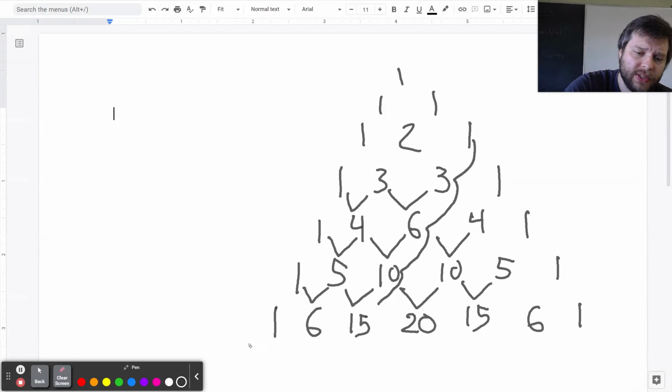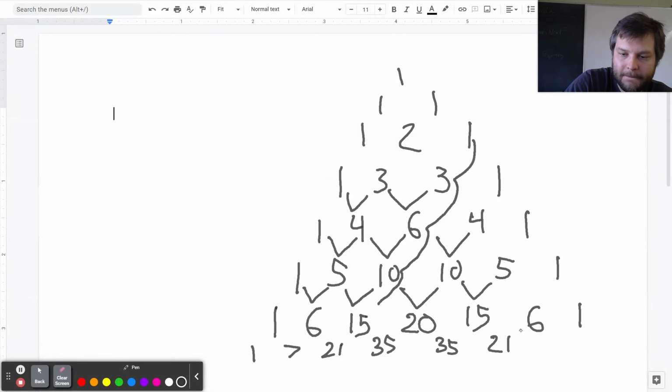But what I hope you notice is that each time you build a row, there are some actually really beautiful patterns that happen as you create it. Like I said, we have our counting numbers. We have that plus 1 or plus 2, plus 3, plus 4, plus 5, plus 6 pattern, where each time you're adding the value of the row above it.